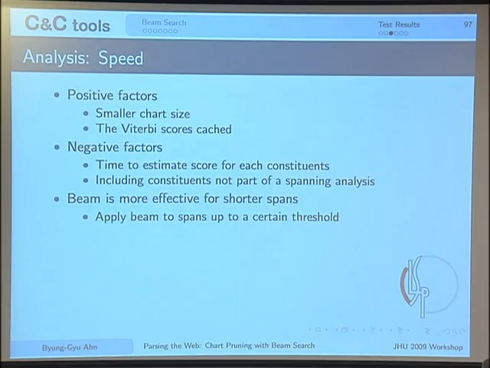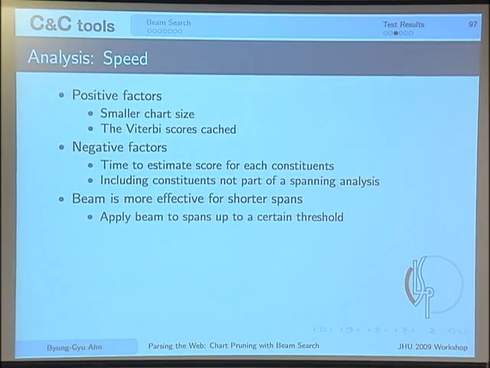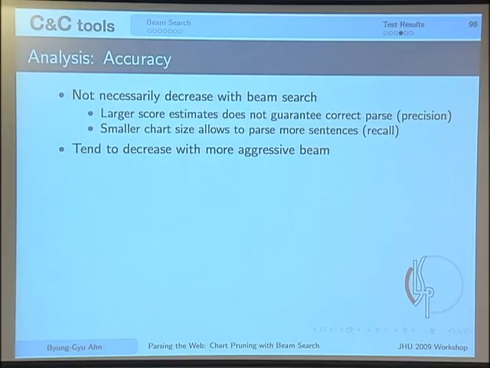So the factors that affect speed are what I already told you about in the previous slides. The beam search may or may not increase speed, but it could actually give quite a big improvement in speed. And here's the analysis on accuracy.